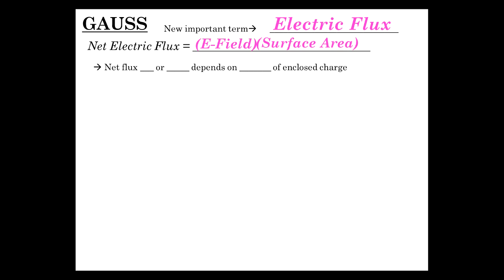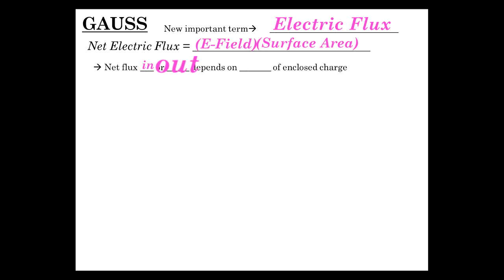So flux is intensity, that would be E field, times area. That's all flux is. So a flux capacitor is just a device that has E field across an area. Anyway, sort of diminishes your high and lofty view of that regular, somewhat mundane concept.